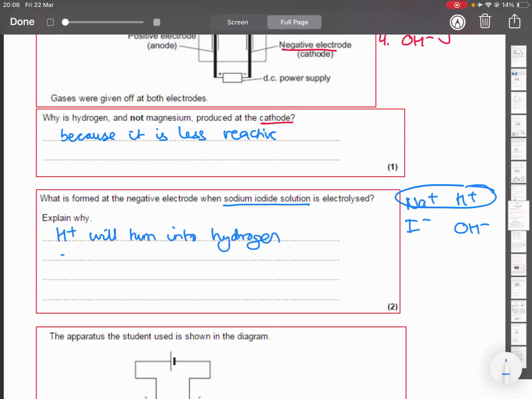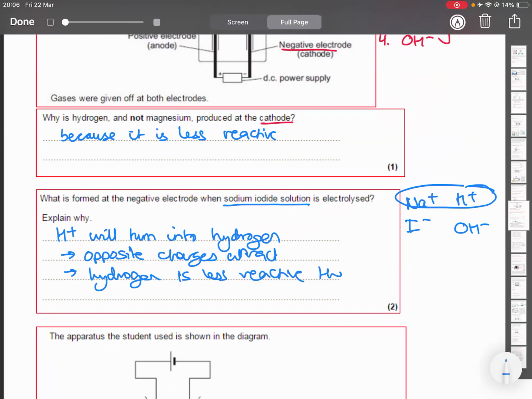And there are 2 reasons. Opposite charges attract, but also hydrogen is less reactive than sodium. Okay.